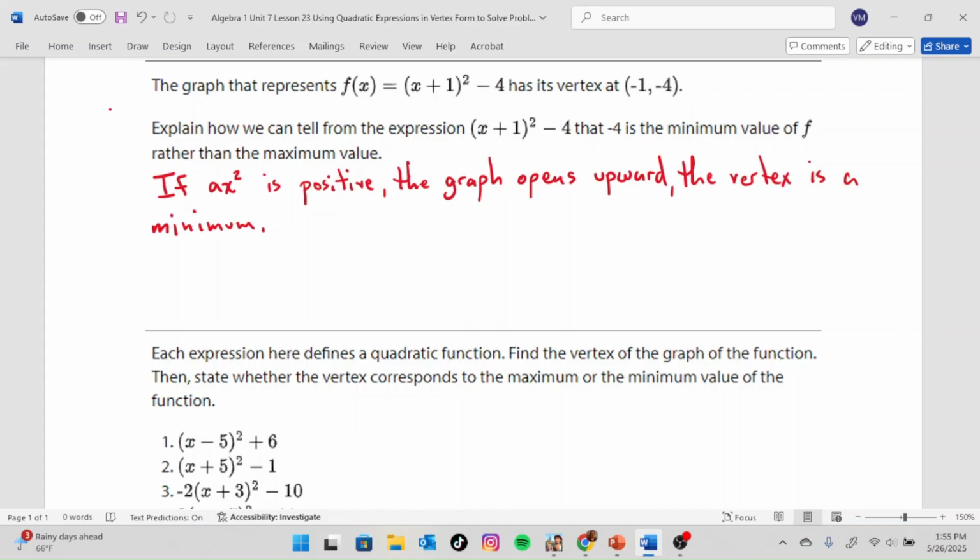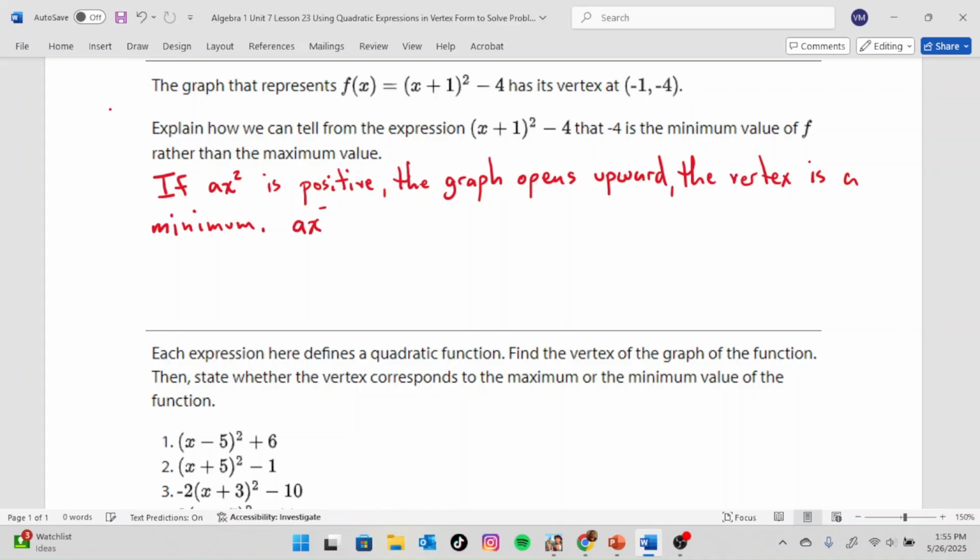Well, if you look at this expression here, we are going to have x times x, which gives us x squared.